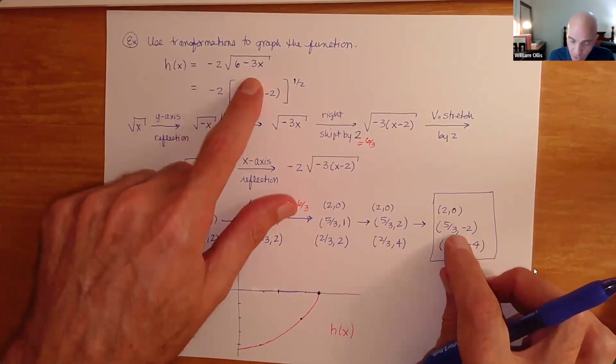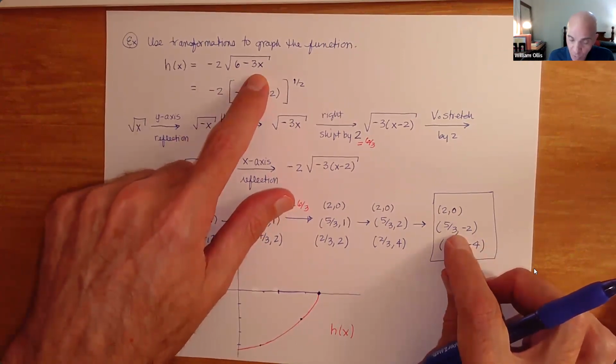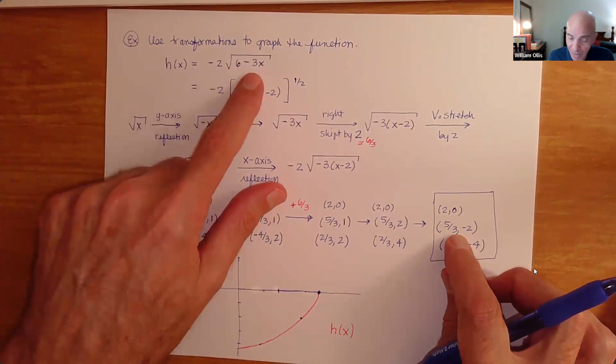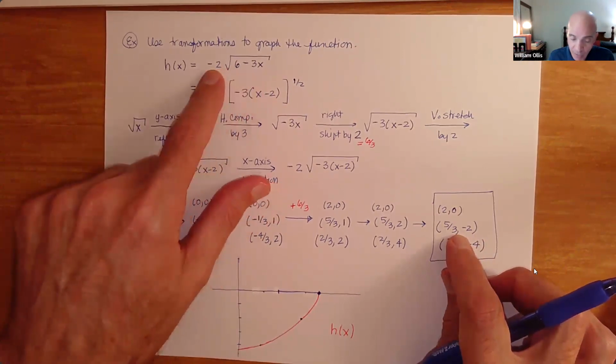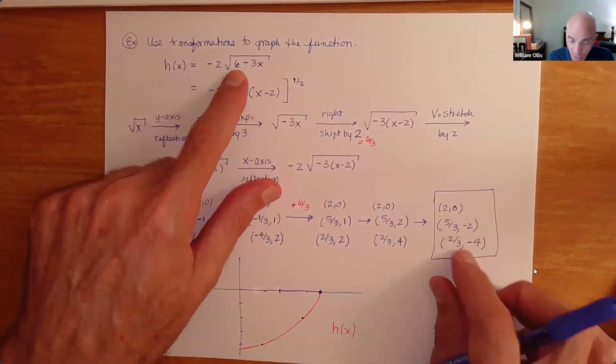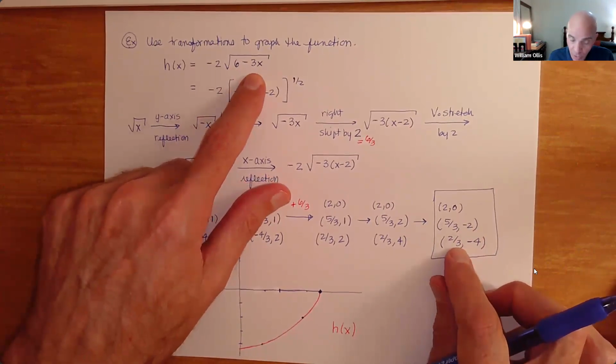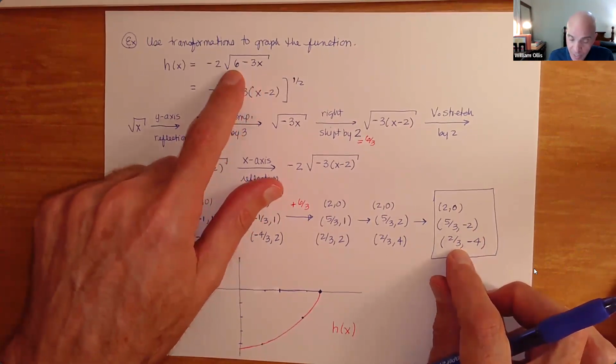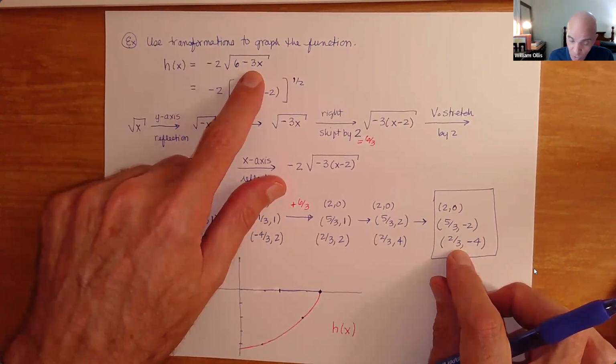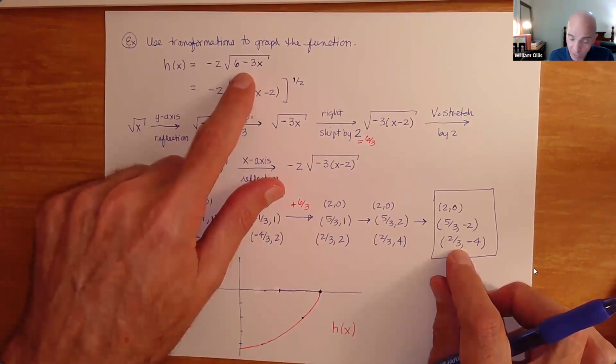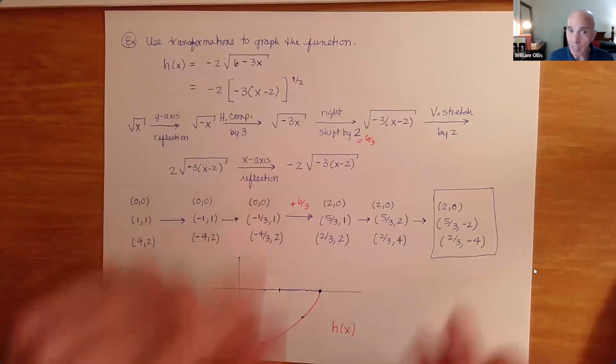And then, of course, if you do the 5/3, the 3's absorb, and you get 6 minus 5, which is 1, and -2 times square root of 1 is -2. If you put in the 2/3 here, the 3's absorb, and you get 6 minus 2, which is square root of 4. That gives you 2. 2 times the -2 is -4.